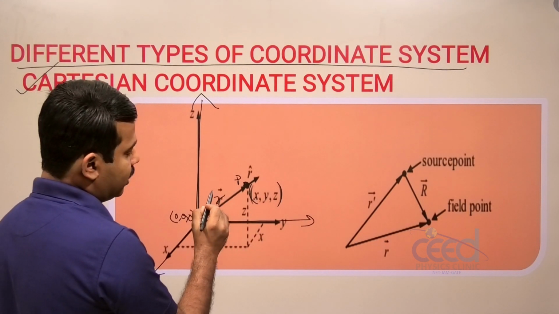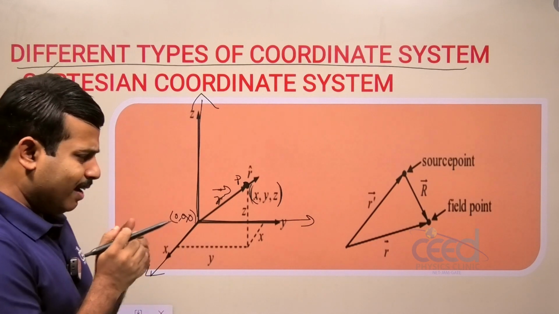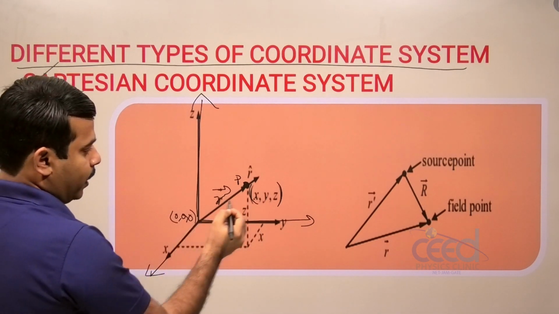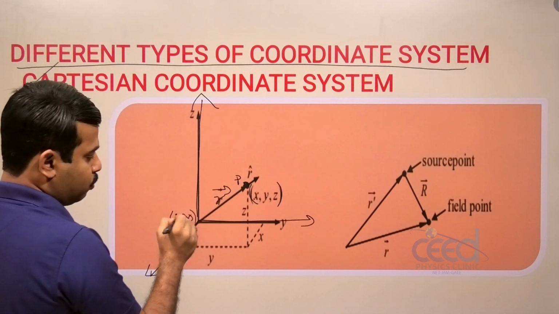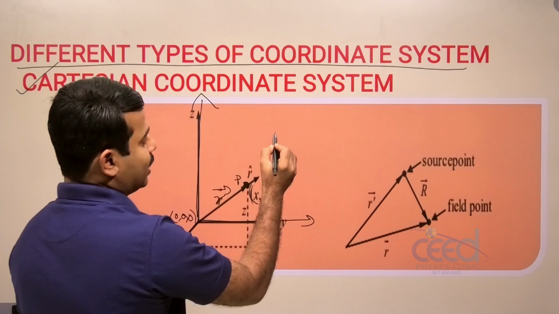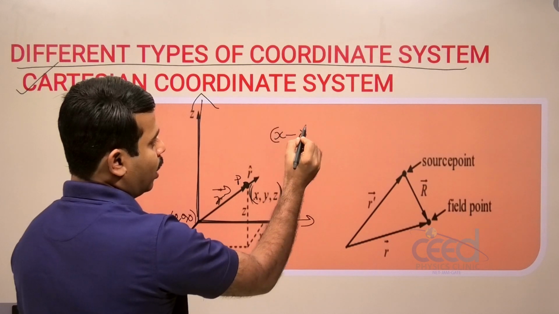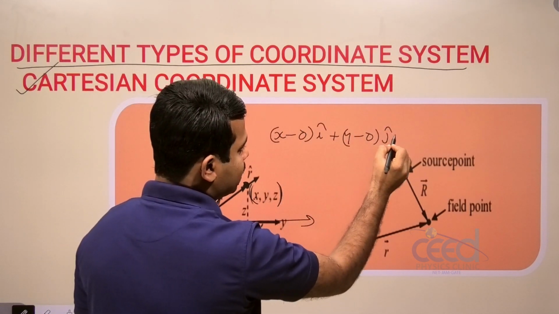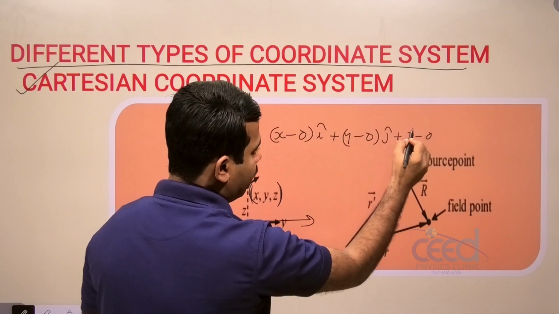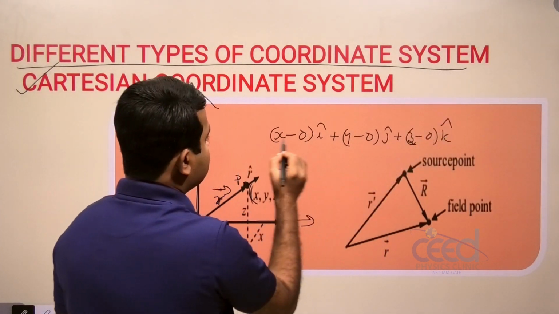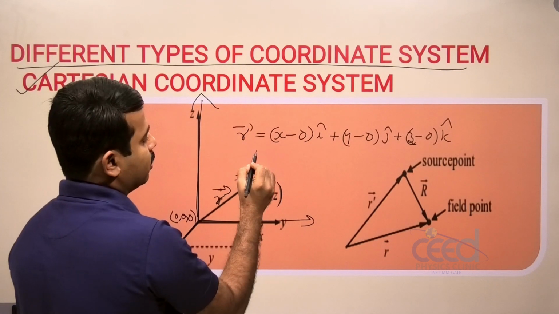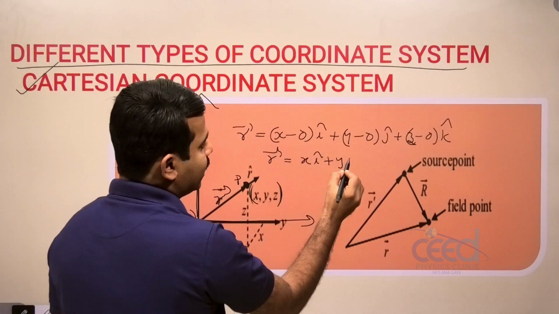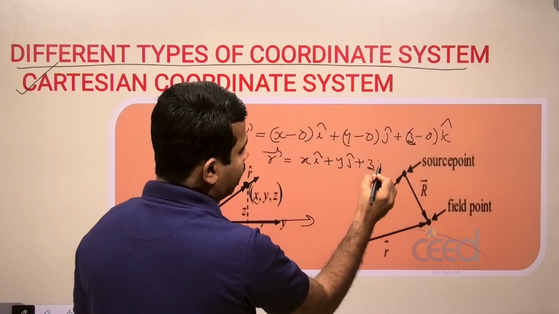This is the position vector. Now, how do we represent this position vector? Position vector of P minus position vector of O. That means x minus 0 i cap plus y minus 0 j cap plus z minus 0 k cap. So this is that position vector r, that is r is equal to x i cap plus y j cap plus z k cap.